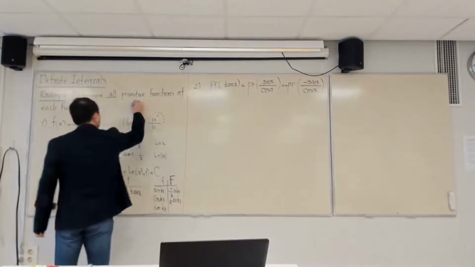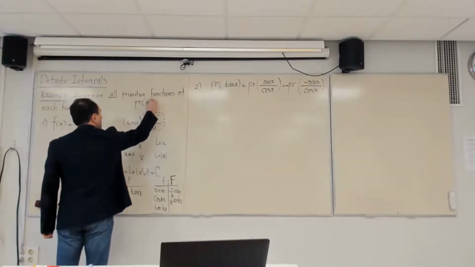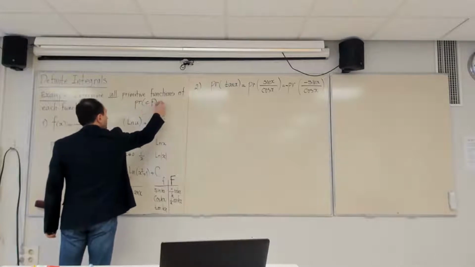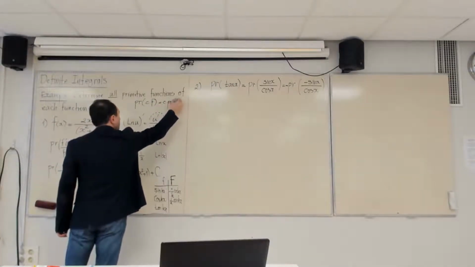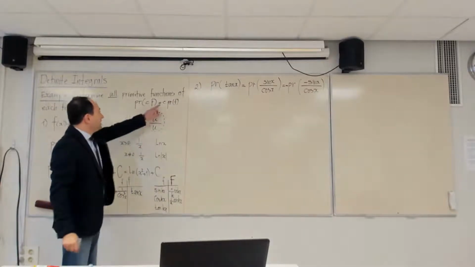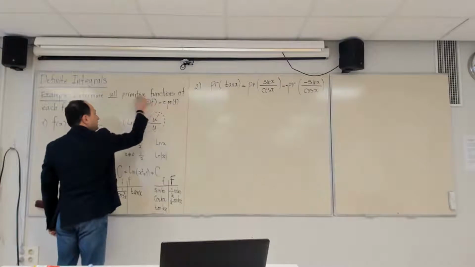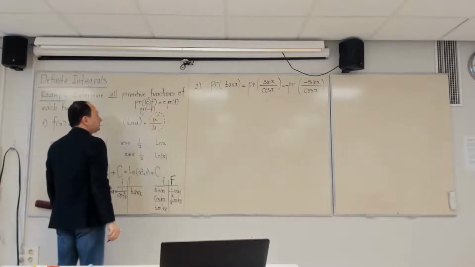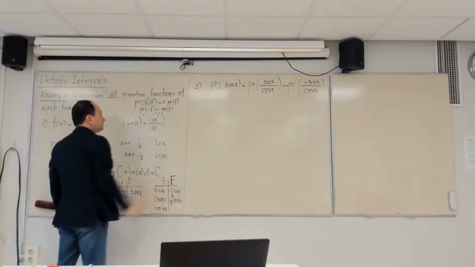Because I told you, the primitive function of a constant number multiplied by a function is equal to the constant number multiplied by the primitive function of f. So if I take this c to be equal to -1, then this becomes primitive of minus f, and this becomes minus primitive of f.